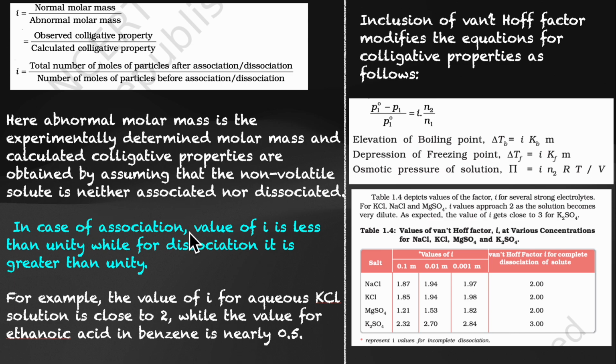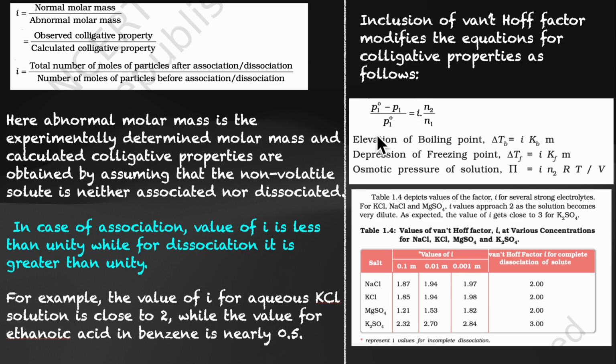In case of association, the value of i is less than unity, while for dissociation it is greater than unity. For example, the value of i for aqueous KCl solution is close to 2, while the value for ethanoic acid in benzene is nearly 0.5. In conclusion, inclusion of the Van 't Hoff factor modifies the equations for colligative properties as follows.